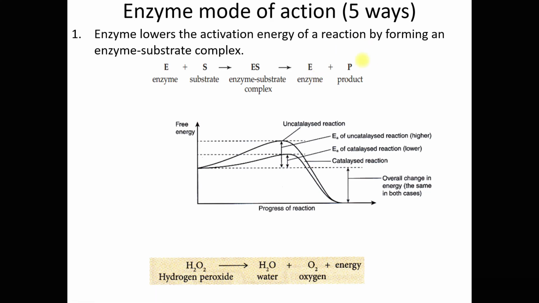So what happens? Enzyme lowers the activation energy, and you can refer here. A reaction that is uncatalyzed with enzyme, this is the activation energy that is needed, which is quite high. You see, free energy against rate of reaction. This is the activation energy needed for any reaction that is not catalyzed by enzyme.